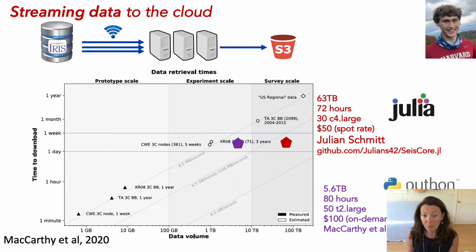We brought a different workflow, not in Python this time, but in Julia. Julian Schmidt was leading this effort, an undergraduate student, excellent, who managed to download from the IRIS archive and from the NCEDC archive 63 terabytes of data in 72 hours. And we used a different rate, only spent $50 for this.